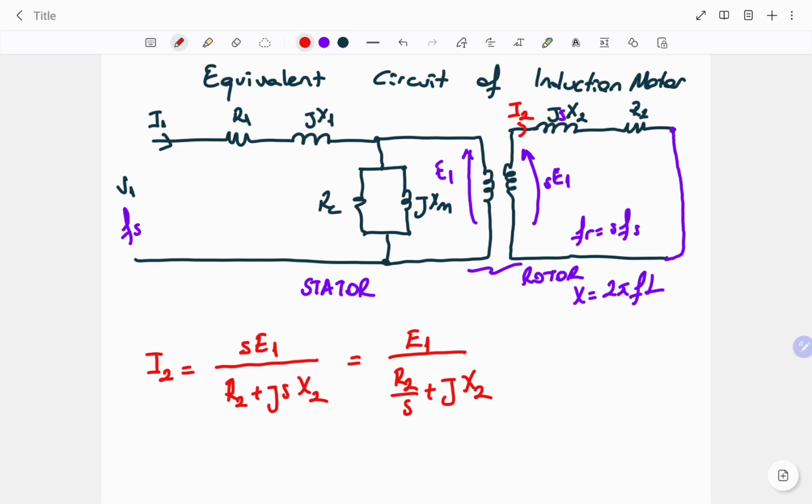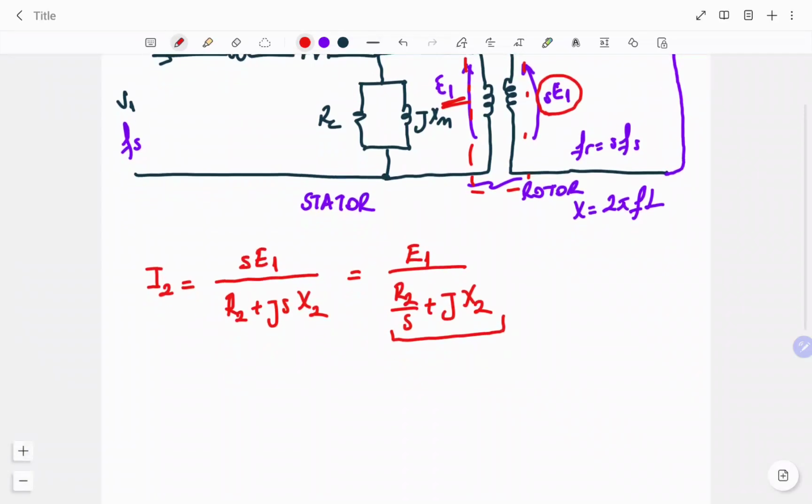So what can we say? We can eliminate that part from the figure and we can write our S E1 as referred to E1 if we change our impedance like this. So let's try to draw.